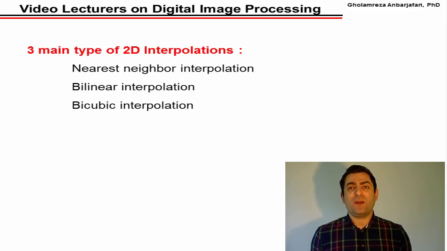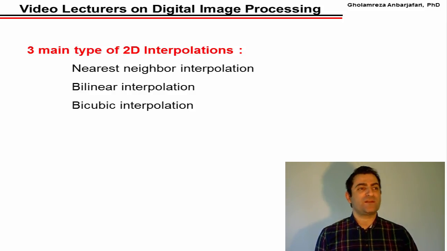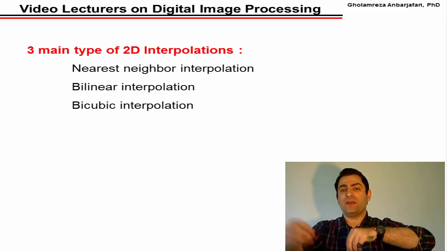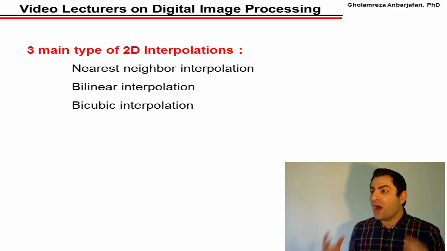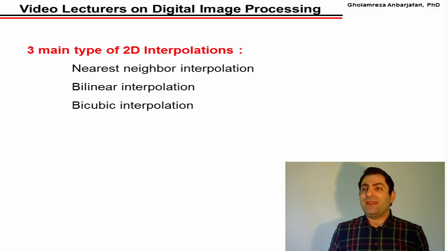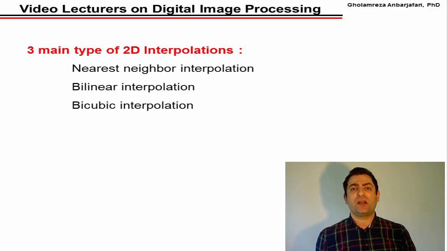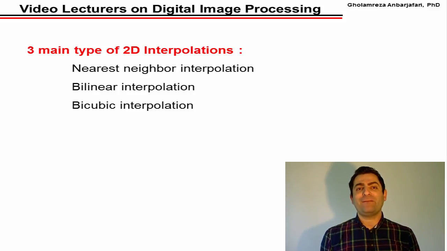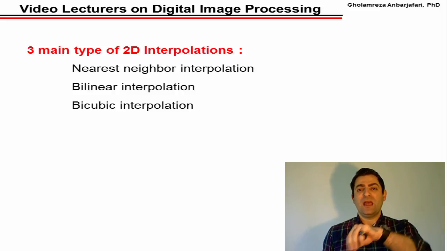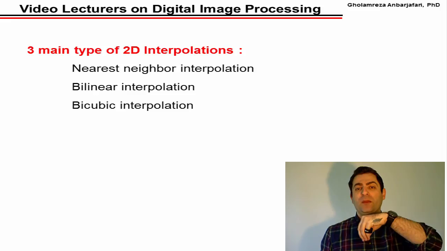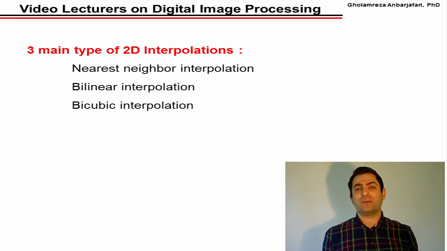The nearest neighbor, as the name says, we look at the neighbor and we pick up the nearest values. The bilinear interpolation tries to fit a linear surface among the data that we have. You can have 2x2 neighbors, and then you consider these 2x2 neighbors and you fit a linear relation between them. That's how we are estimating.